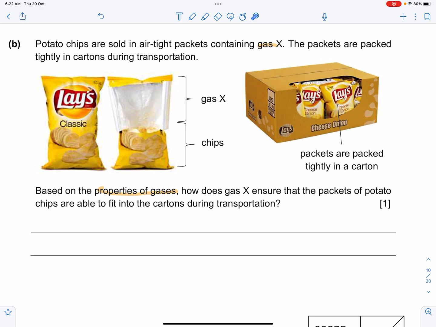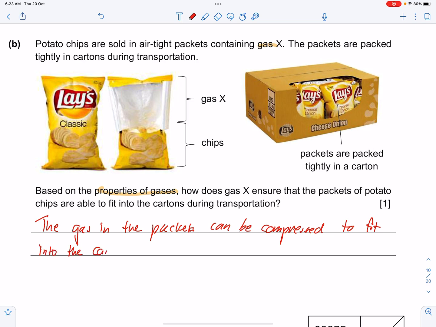So, we can say that the gas in the packets can be compressed to fit into the carton. Okay, moving on.